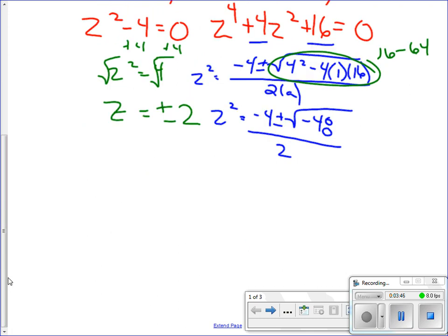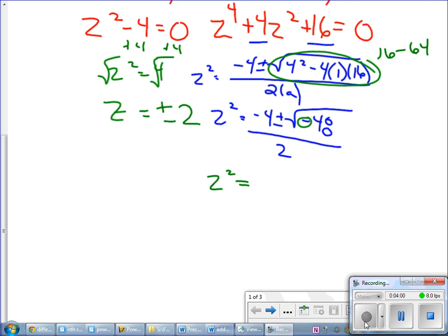I'm going to go ahead and just do decimals here. I can't put the negative in my calculator if I'm in real mode, so I'm going to go into imaginary mode, and I'm just going to input this into my calculator. So putting it into my calculator, I get that z squared equals negative 2 plus, I'm going to round, 3.46i.